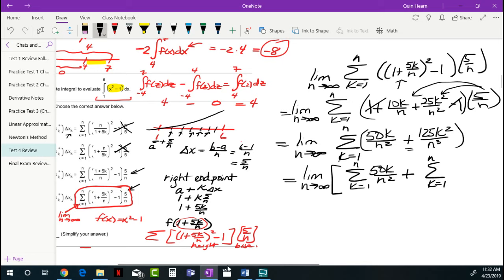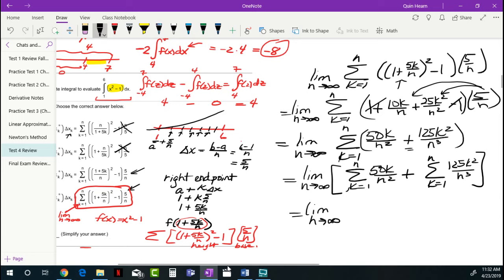Okay, and then we're going to take the limit as n goes to infinity of the sum k equals 1 to n. I'm going to distribute the 5 over n to each term. So we're going to have 50k over n squared plus 125k squared over n cubed, and then that's it.